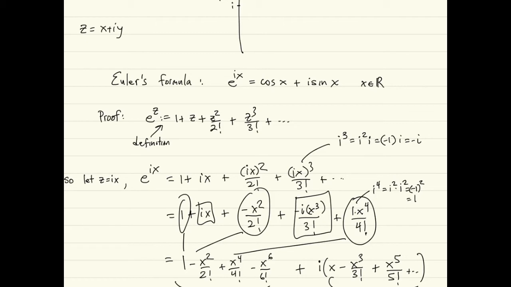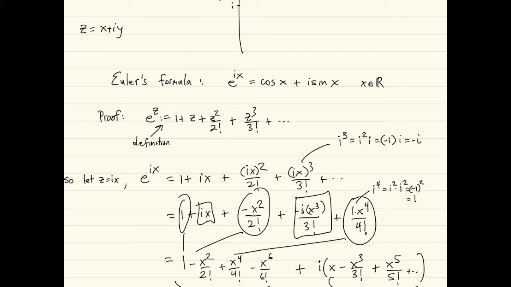And what we want to do is collect the real and imaginary parts of this power series expansion. Again, this continues on forever, but I've only written the first 3 or 4 terms. So this one is here. This ix is going to be part of the imaginary part, the part that has an i, since x is real.